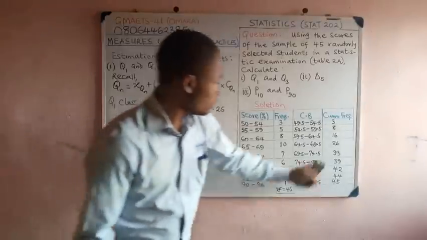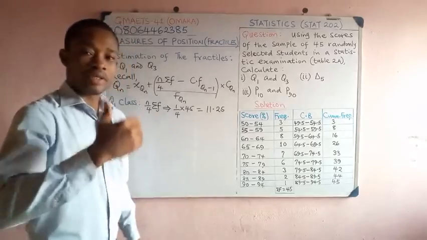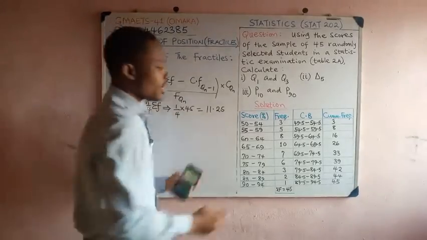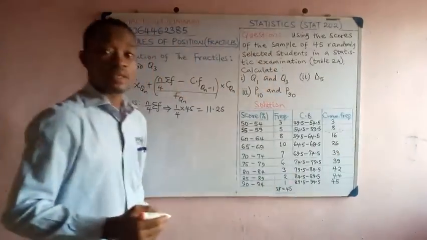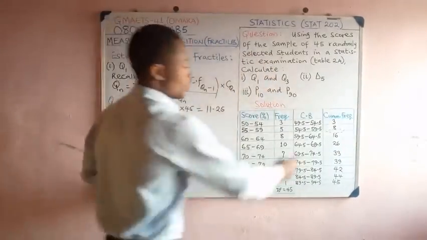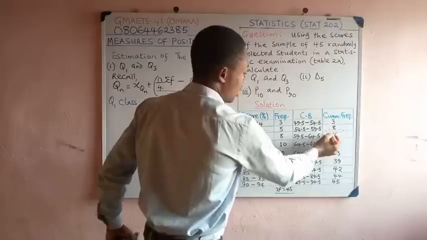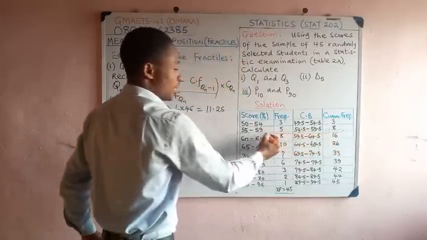Do we have 11.25 here? No, it's not there. Therefore, we're going to take the cumulative frequency that is just greater than 11.25. Now, 11.25 will be seen between 8 and 16. So between these two, the cumulative frequency just greater than 11.25 is 16. Therefore, this is going to be our Q1 class.